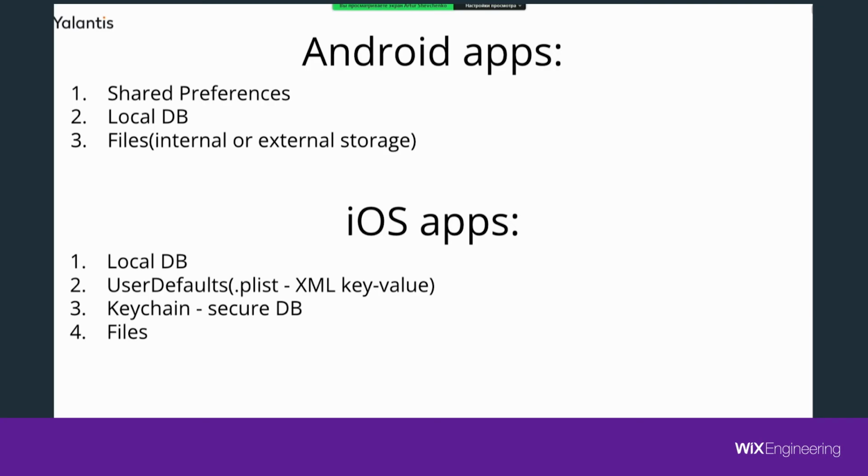The last one is to use files, like text files or other files. For iOS applications, it is almost the same. We can also use local databases. We can use the user defaults file, which is a file with the extension plist. It is the same kind of XML file as shared preferences in Android applications.